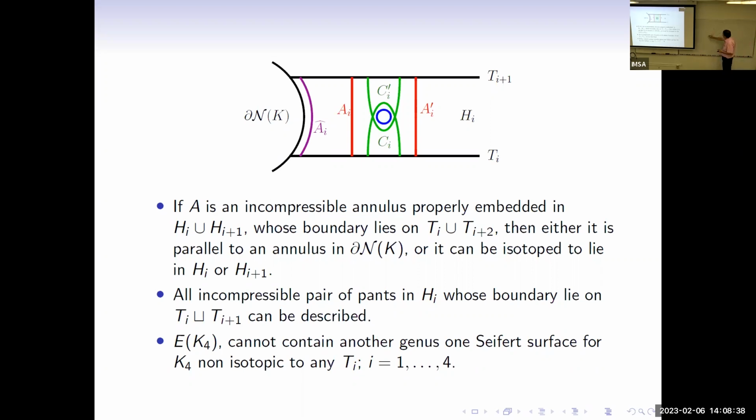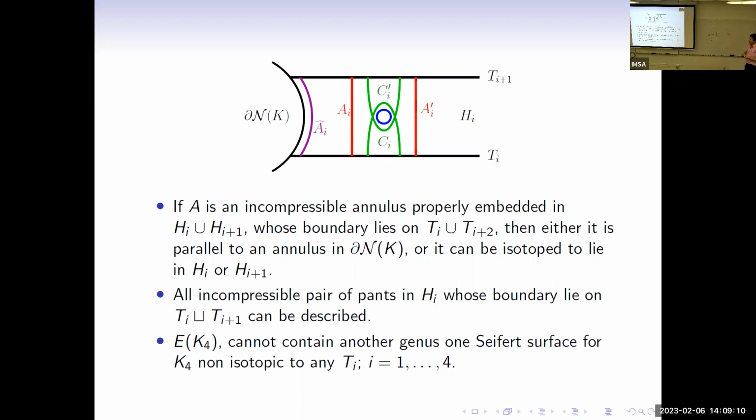We have an annulus in this piece. It has to be something like that. No? It cannot be something like an annulus going to that. Again, because here we have an annulus from this side and an annulus from the other side, but they intersect in one point. No? There is no annulus in the core.